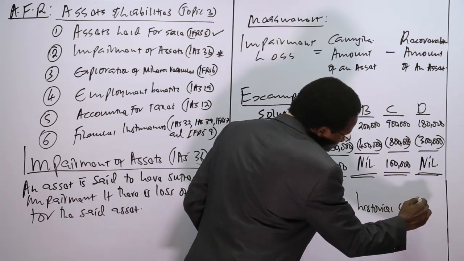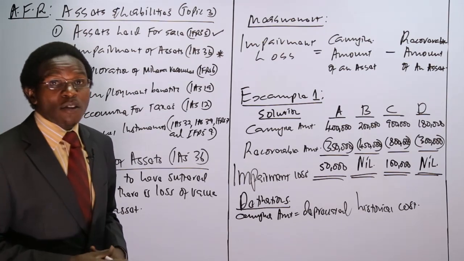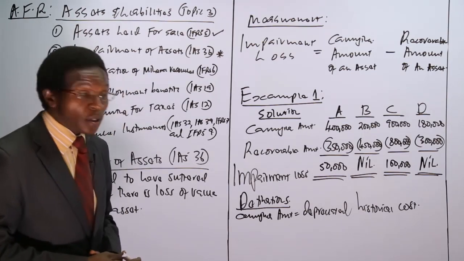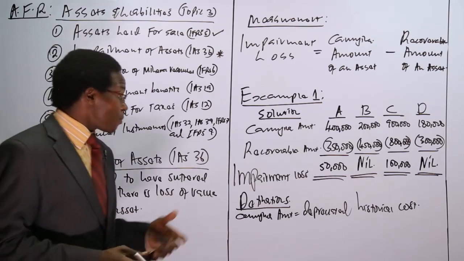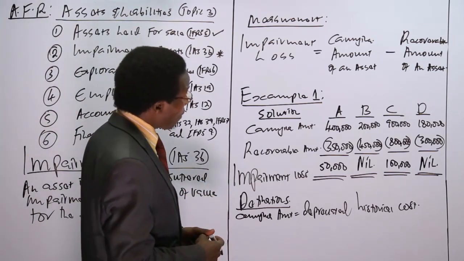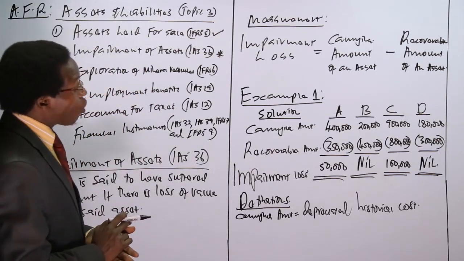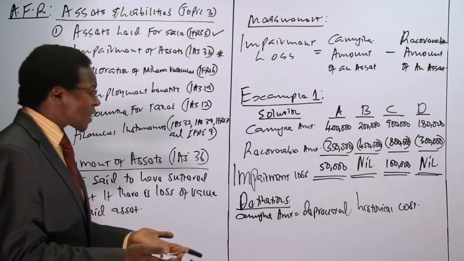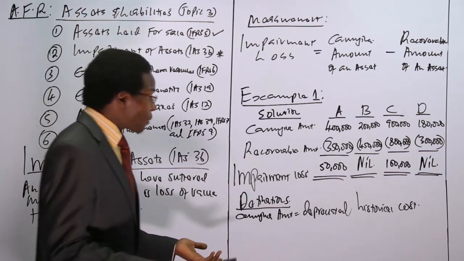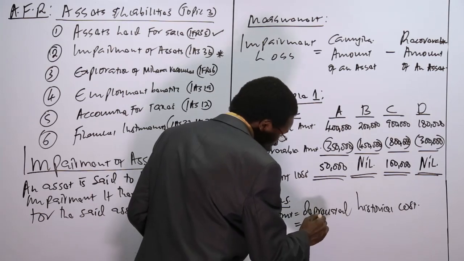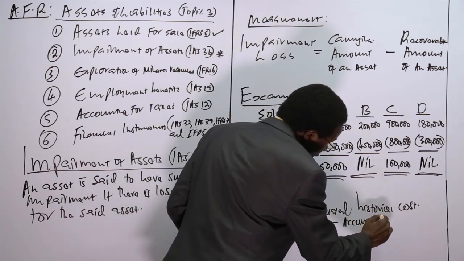In other words, this is the net book value after taking into account depreciation, the net book value at the reporting date. That's the figure that we need to recognize at the reporting date of that particular asset. To determine the carrying amount, you simply take the cost minus accumulated depreciation.